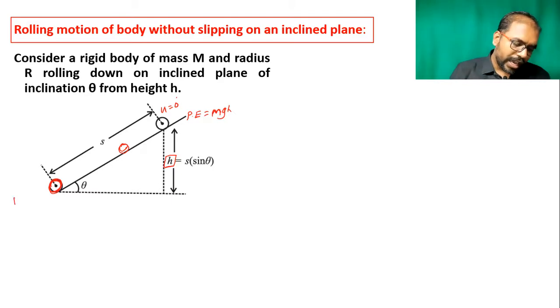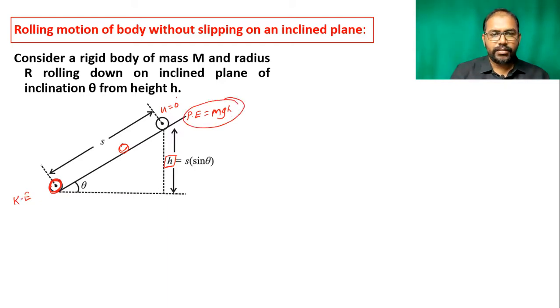So here the body has kinetic energy, meaning whatever potential energy the body had is converted into kinetic energy, by conservation of energy basically. Here the kinetic energy we can write as half mv square and potential energy is 0.